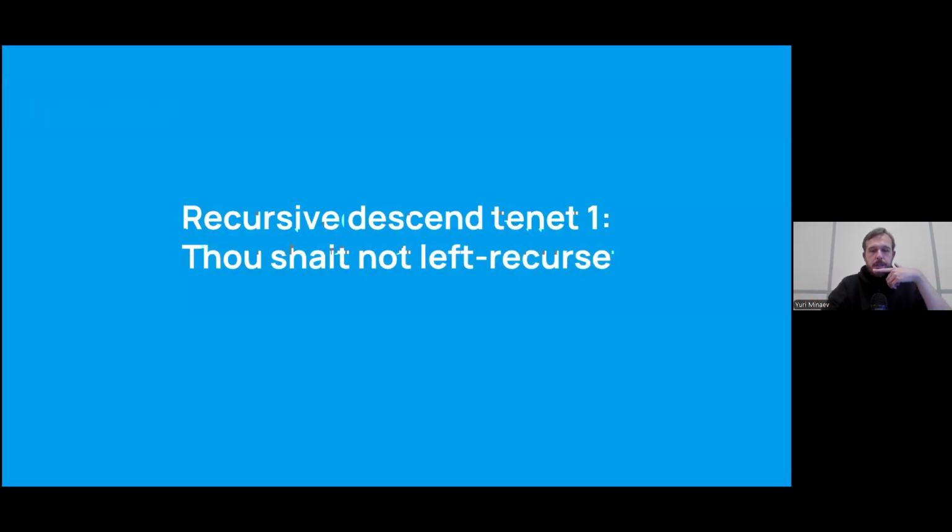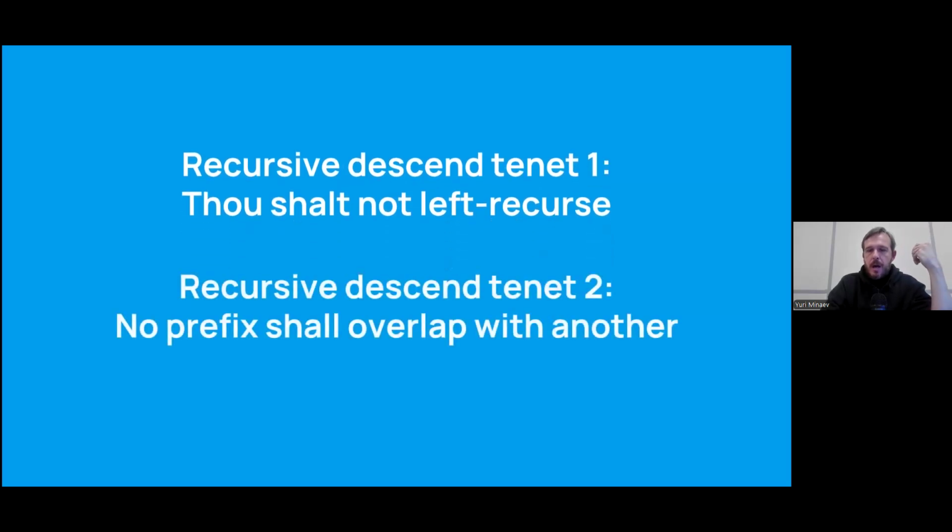And this brings us the second rule, the thing that recursive descent should not be dealing with. You cannot have prefixes which overlap in two different productions. And as you can see, we are violating both.